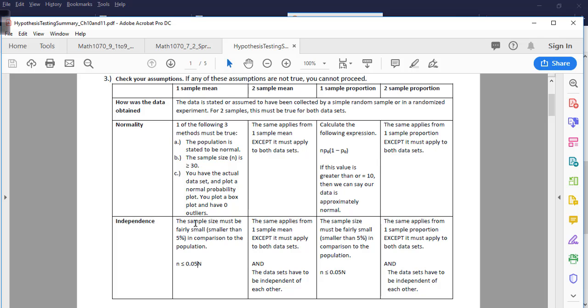What this says is that your sample size must be fairly small in comparison to the population size. If you have two samples, that must be true for both sets of data, and the data sets have to be independent of one another as well. So men, women, no in between, have to be independent of each other also.